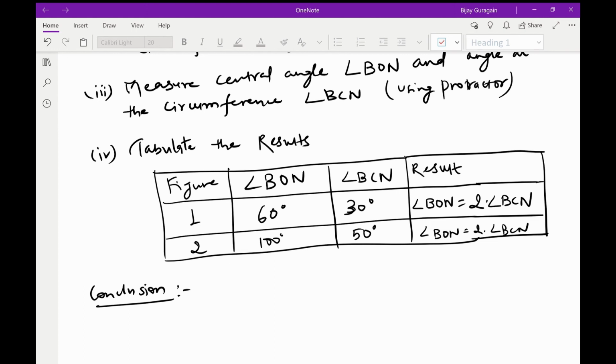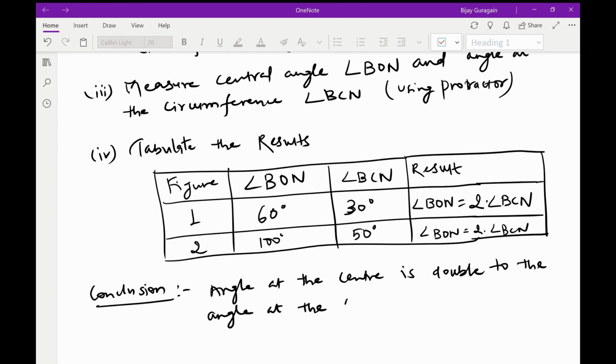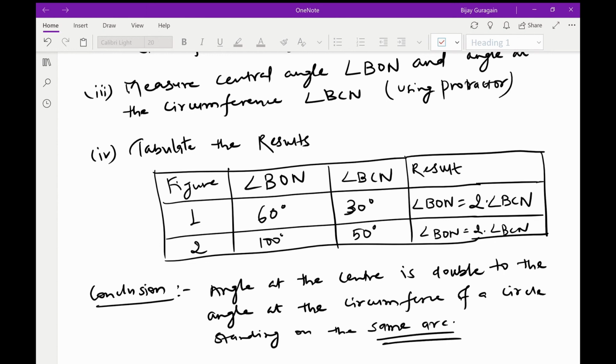Our conclusion is angle at the center is double the angle at the circumference of a circle, standing on the same arc. This you should not forget, standing on the same arc.